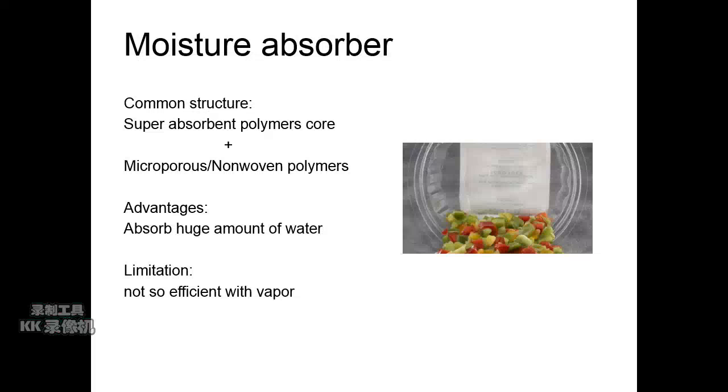This system is good for its ability to absorb huge amounts of water because of the super absorbent polymers, but it's not very efficient with respect to vapors because the contact area is limited by the pad shape and size, and is mostly only on one side in the packages.